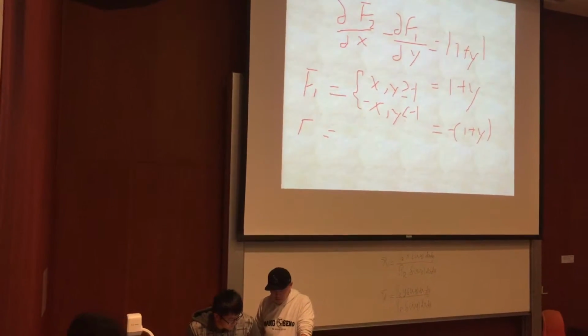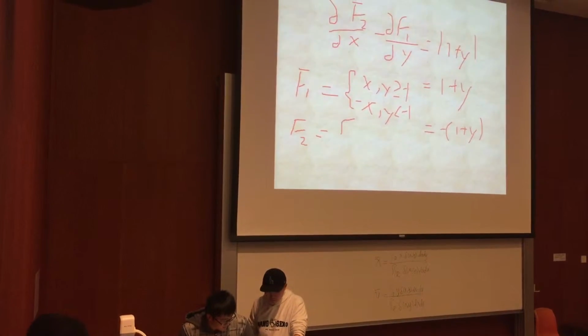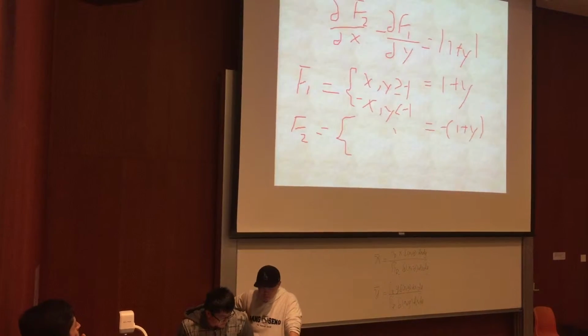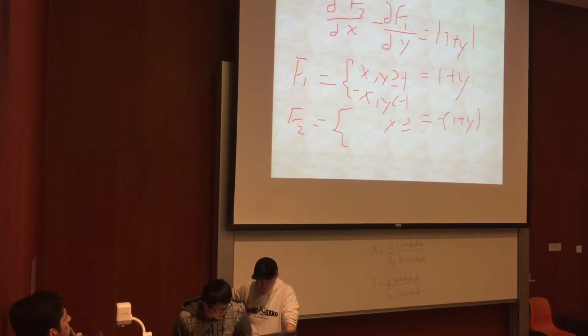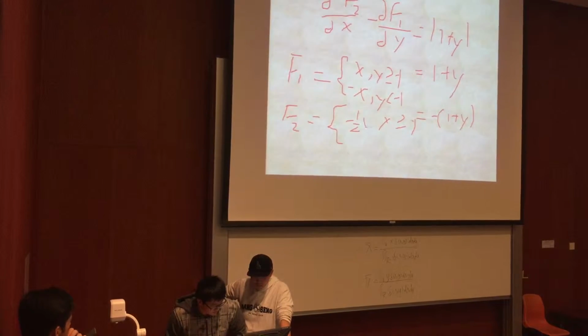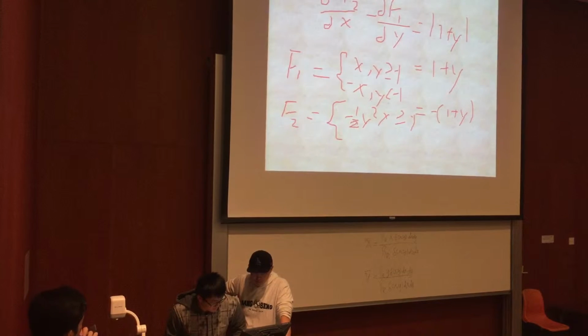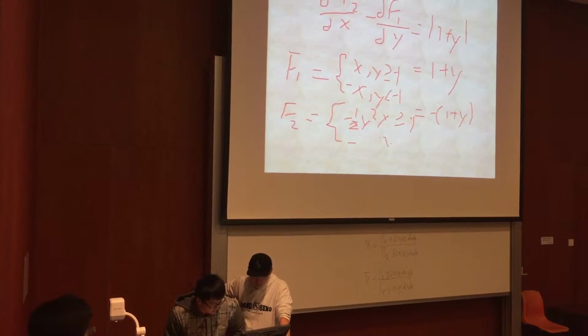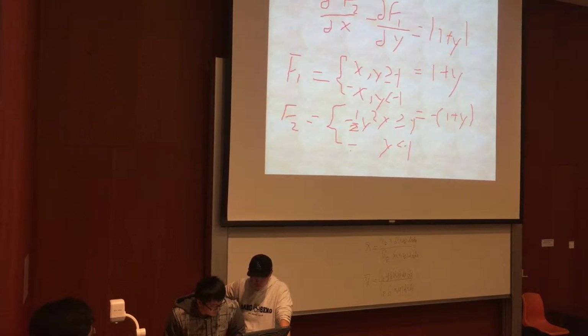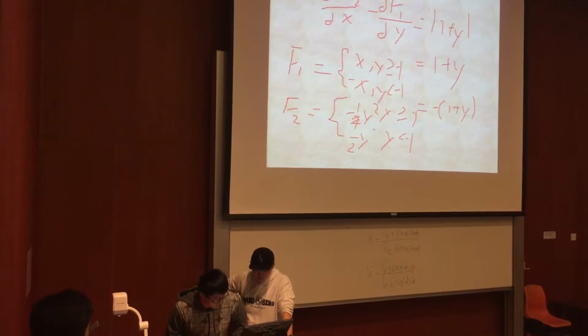For f2 we can also do the separate case. For y larger than or equal to -1, it is minus half y squared, and for y less than -1, f2 is equal to half y squared.